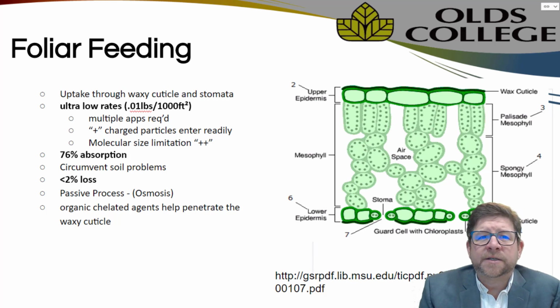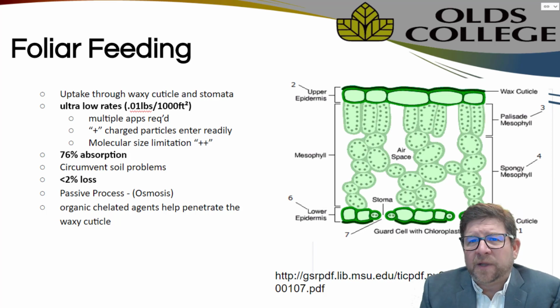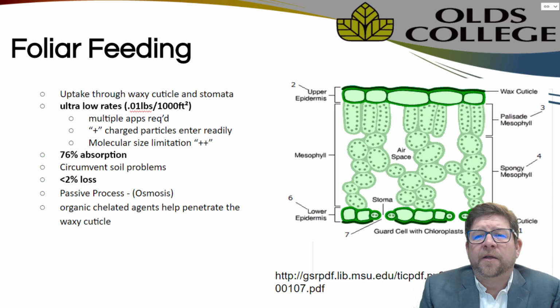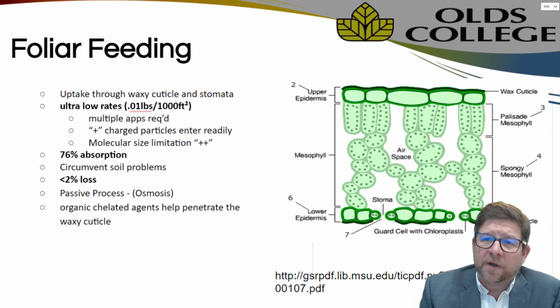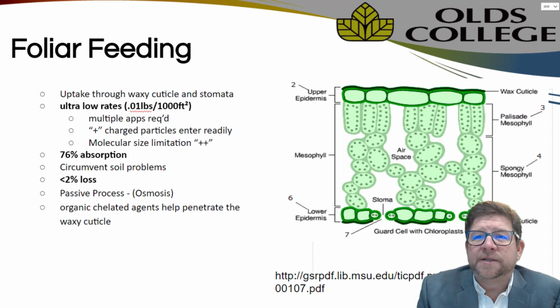The idea behind it is you apply it to the leaf blade, let it dry on there, and movement through that upper epidermis and waxy cuticle is passive. It goes through by osmosis. So that movement of a liquid from an area of high concentration to an area of low concentration is how that product gets in there.